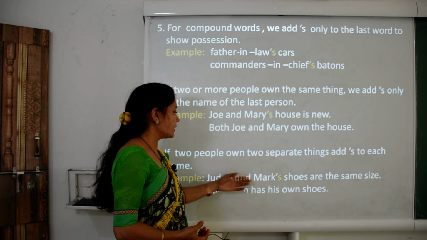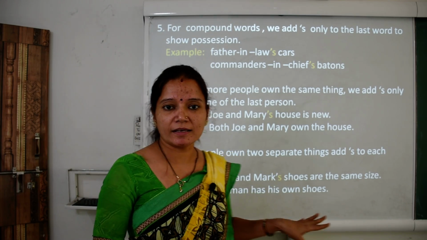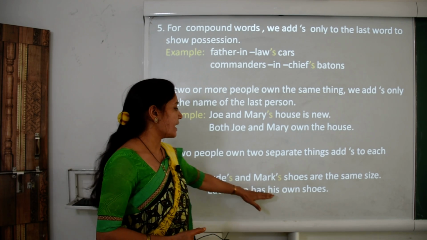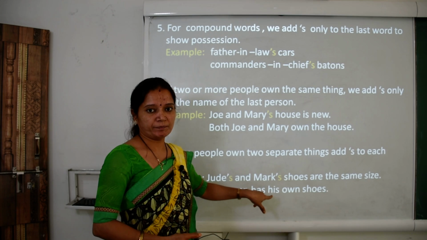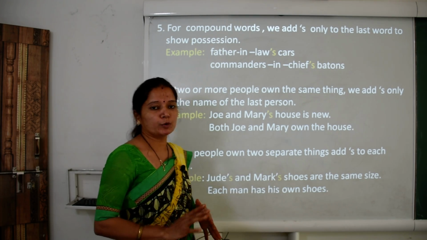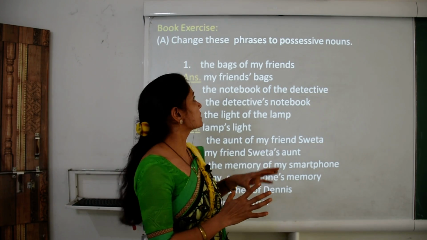So here Jude and Mark, the two persons, both own separate things. Each man has his own shoes. So we'll add apostrophe s with both of them, not only with one. Okay, so I hope that possessive nouns are clear to you.